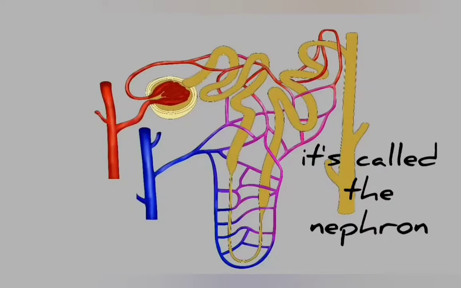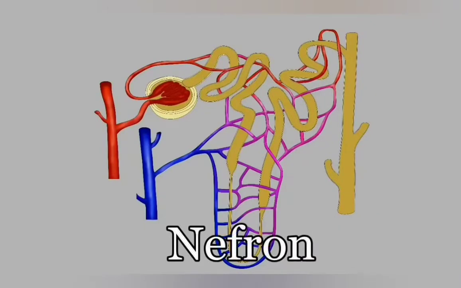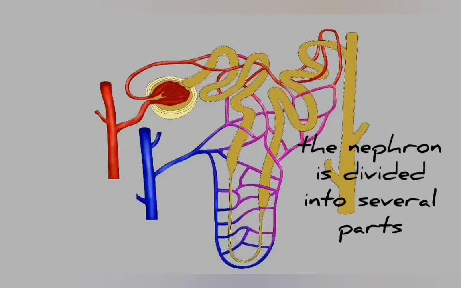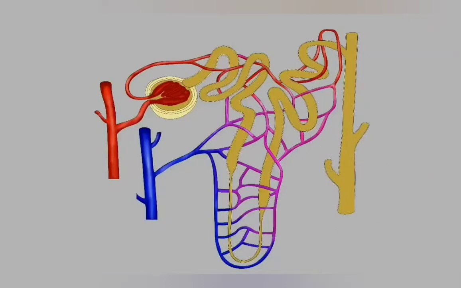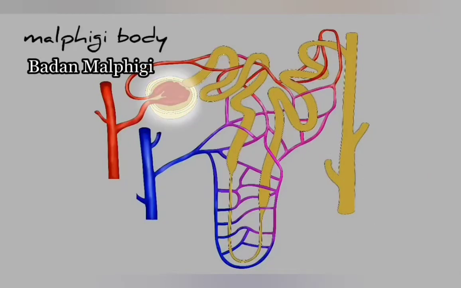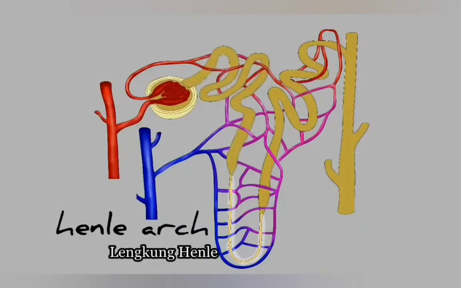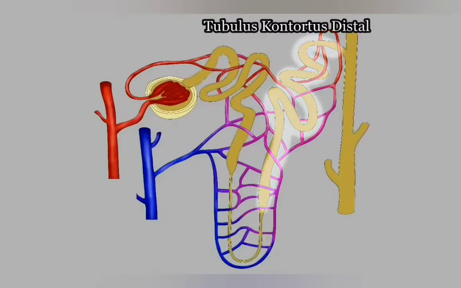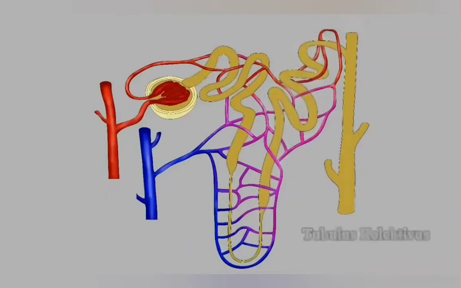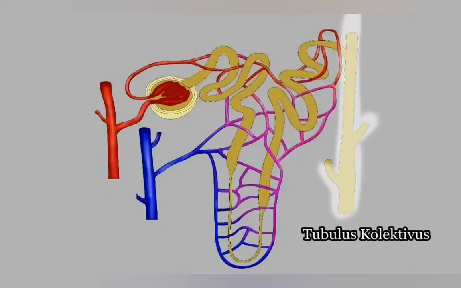It's called the nephron. The nephron is divided into several parts: the Malpighi body, the proximal convoluted tubule, the loop of Henle, the distal convoluted tubule, and the collecting tubule.